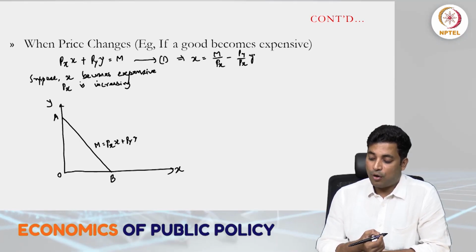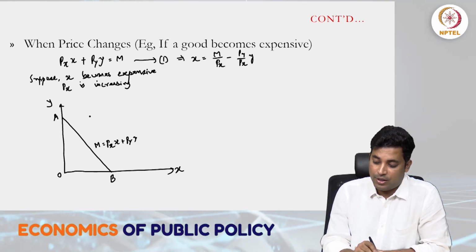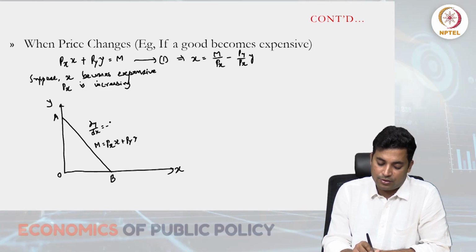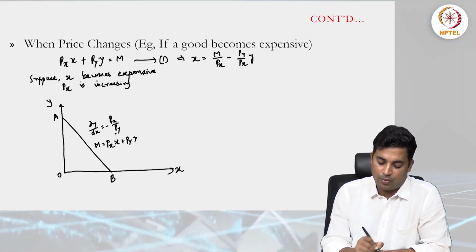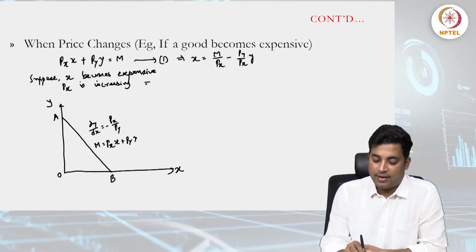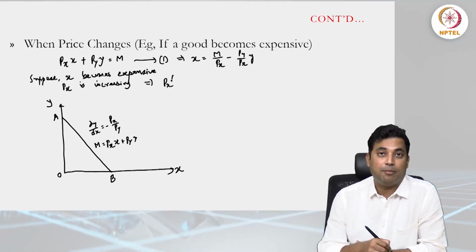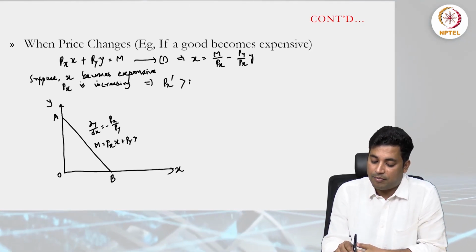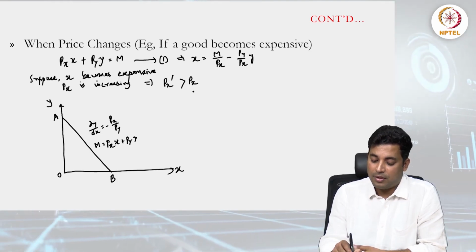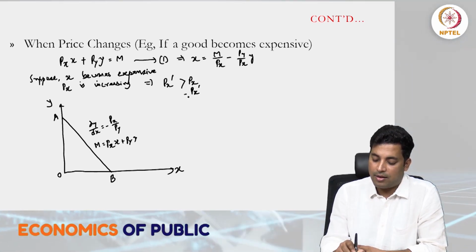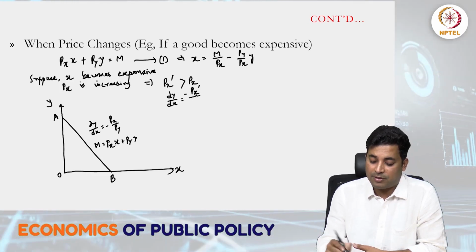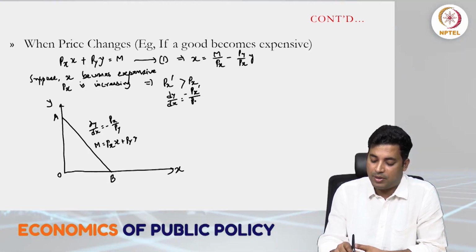So what is the slope of the original budget line? We already know its slope is dy by dx. Original slope is minus px by py. So if px is increasing, like say now we have px bar, which is higher than px, then the slope will become minus px bar by py.